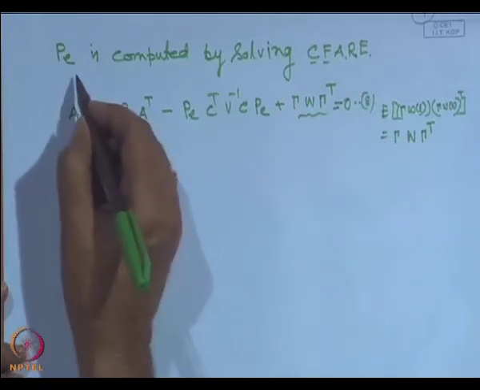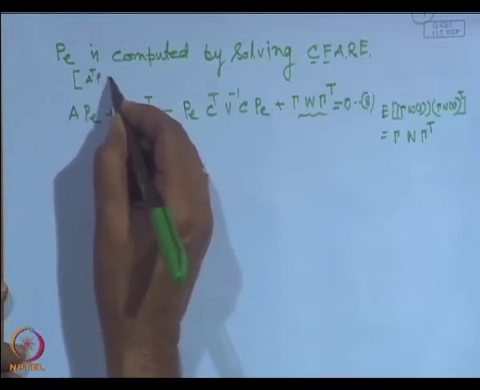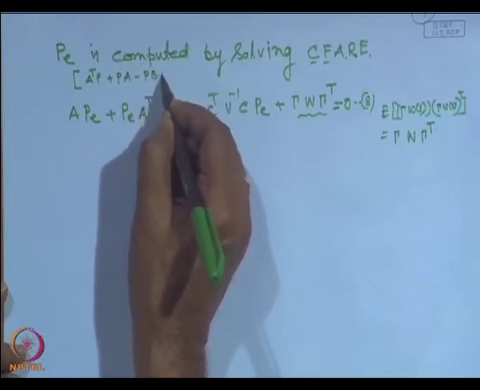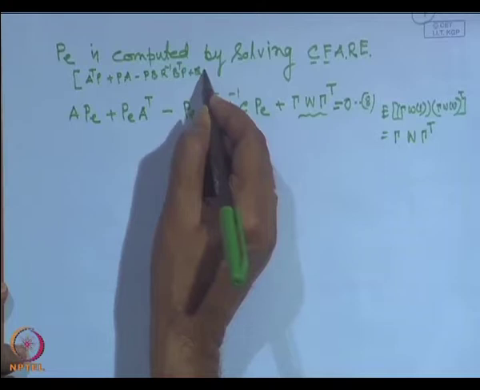How am I writing it? You see the controller design: A transpose P plus P A minus P B R inverse B transpose P plus Q is equal to 0.